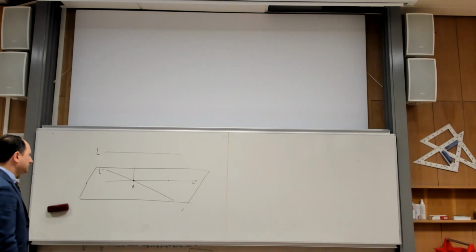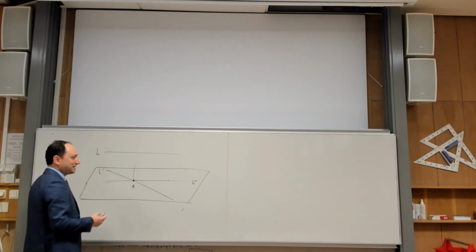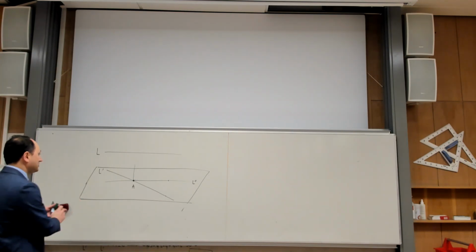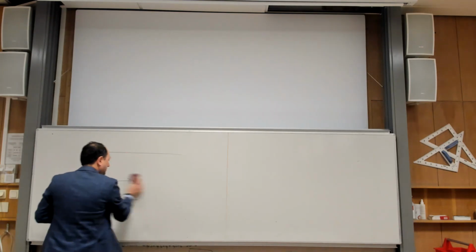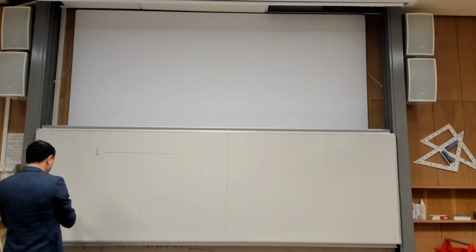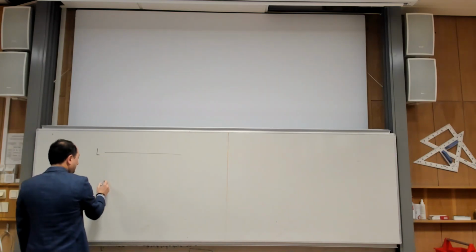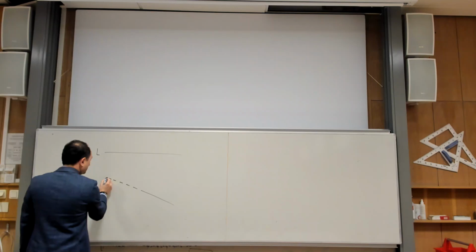Maybe this is not a good way. I don't know how to draw it, but what I'm saying is that, can you see that plane now? Maybe the other way around in this picture is easier. So if you don't mind, let me just clean this and do it the other way around. I don't know if I can succeed eventually to do that, but L, and then this is L prime, my L prime from the beginning.